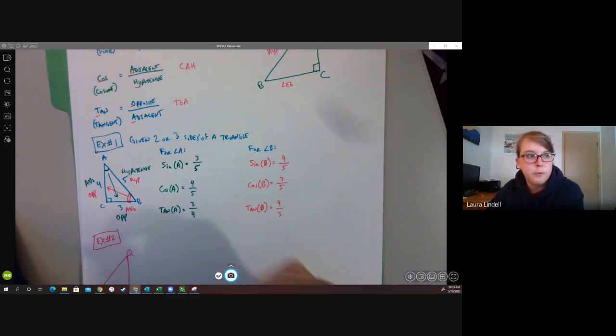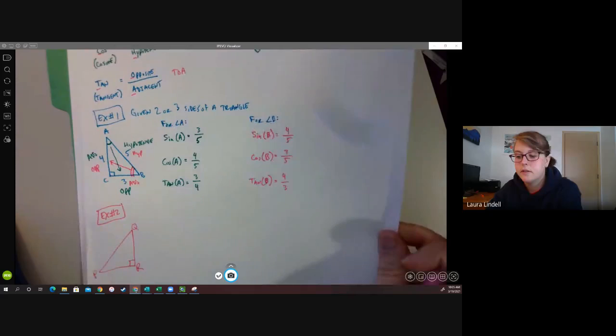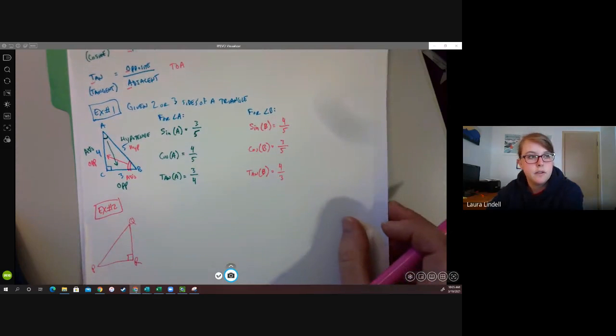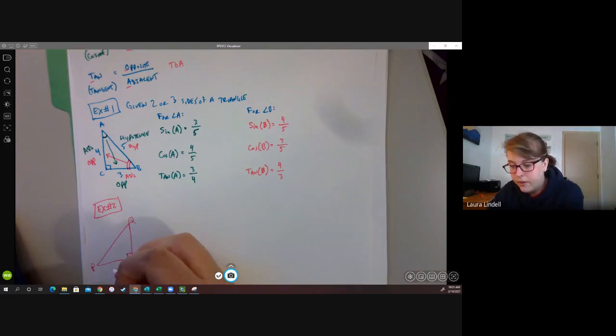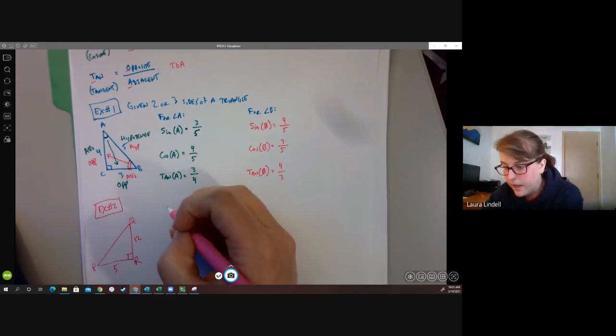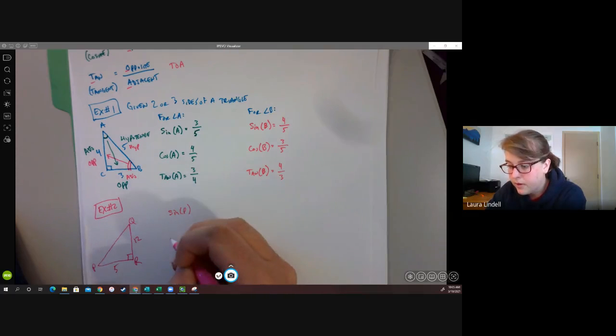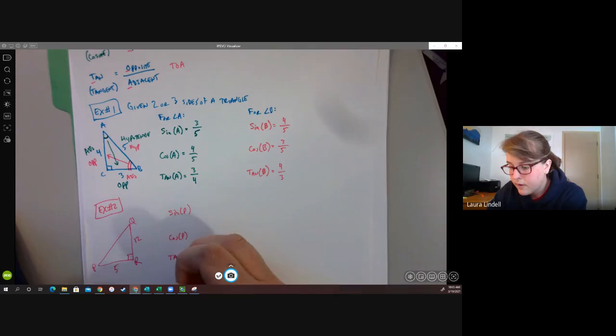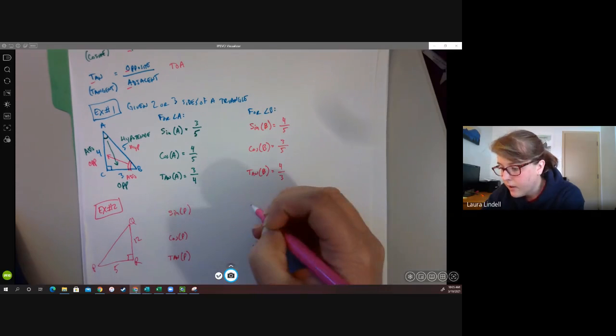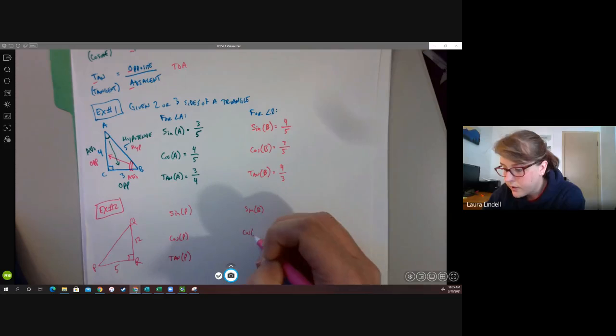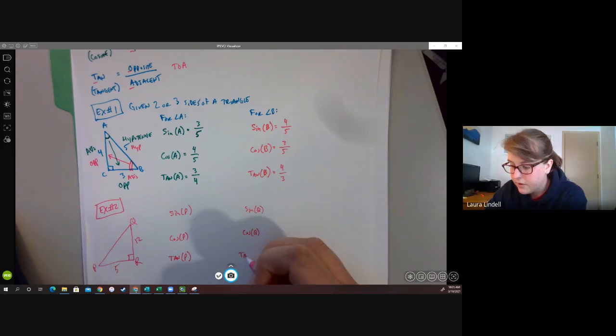We'll call it triangle PQR. And we know that this side length here is 5. This one is 12. And we are going to be asked for sine of P, cosine of P, tangent of P, and then sine of Q, cosine of Q, and tangent of Q.